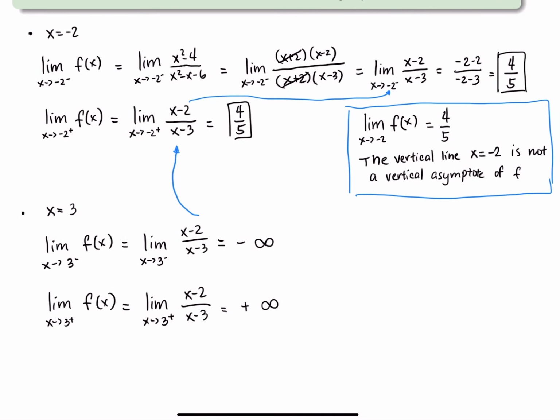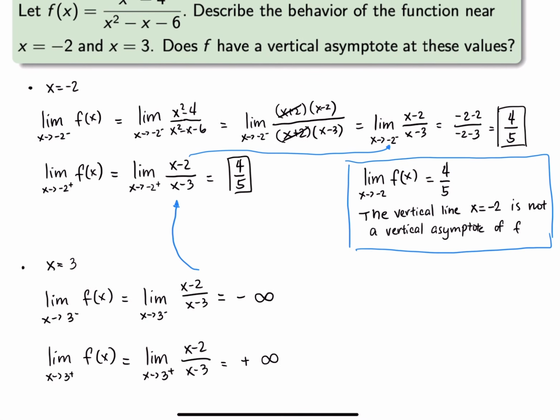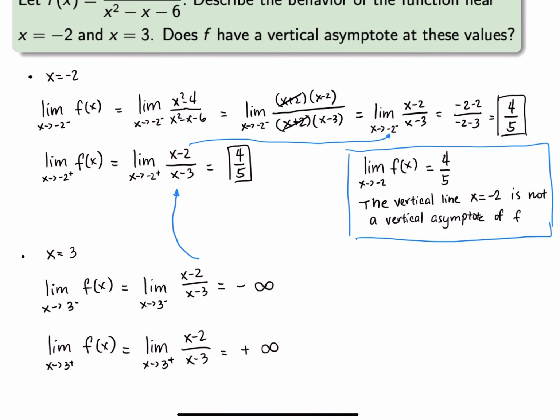So let's just summarize everything first. With regards to the behavior of the function near x equals 3, the limit of f of x as x approaches 3 does not exist. And that is because the one-sided limits are not equal to one another. So you have negative infinity and positive infinity.